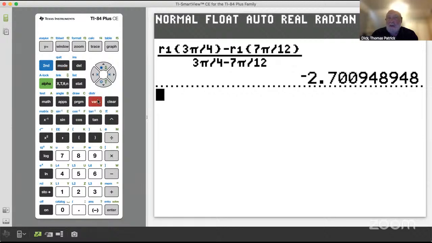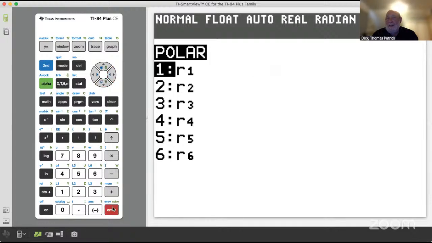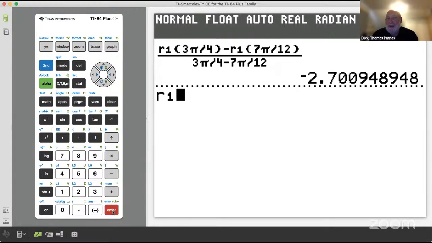If I go to the Y-vars menu, it's actually any of these function types. So we see function, parametric, polar is the third one. So let me enter that. There's R1. And so I've got R1, and then I could put in a specific value for theta, like 2 pi over 3.